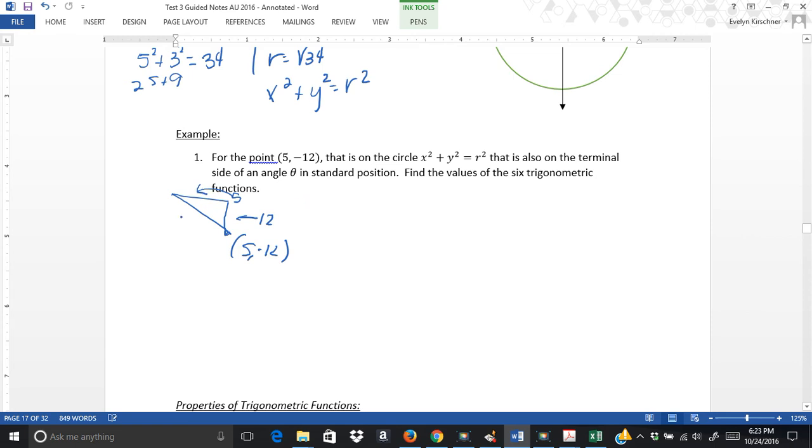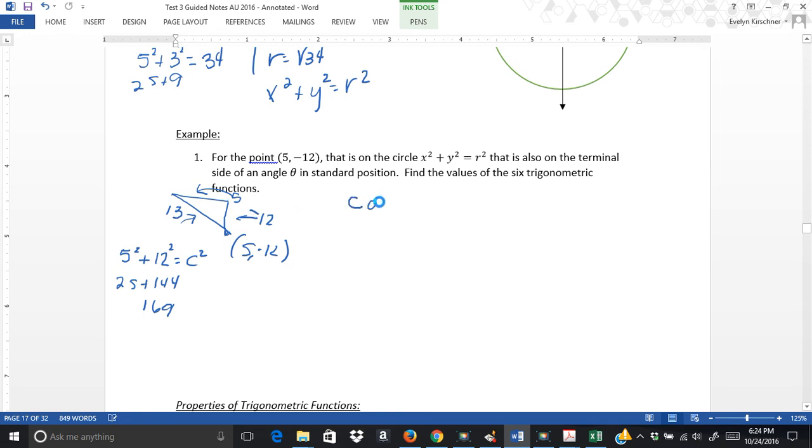So I can say I need to find here first, so that's 5 squared plus 12 squared is c squared, or 25 plus 144, which is 169, which means c is 13. So now I have 5, 12, and 13. But I know that this 12 is a negative.